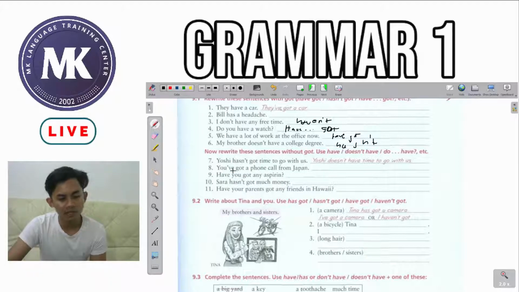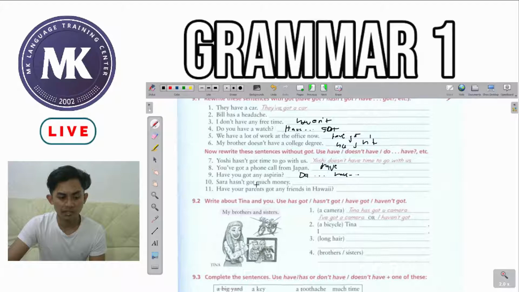If we replace it with have, it is you have a phone call from Japan. This one, have you got any aspirin? To make this into a sentence without got, we must write it as do you have any aspirin?